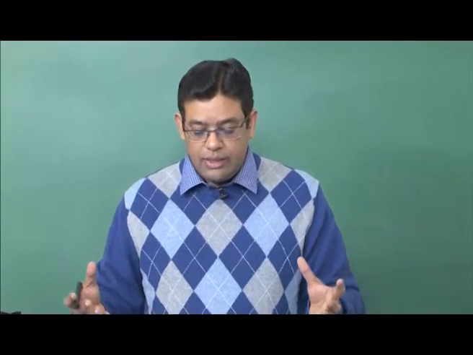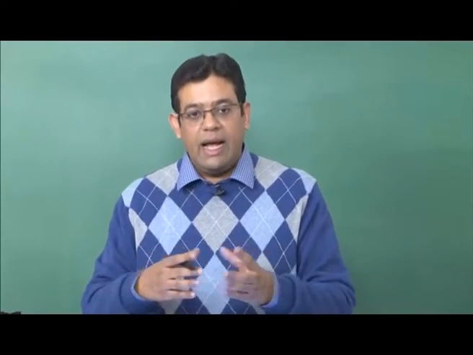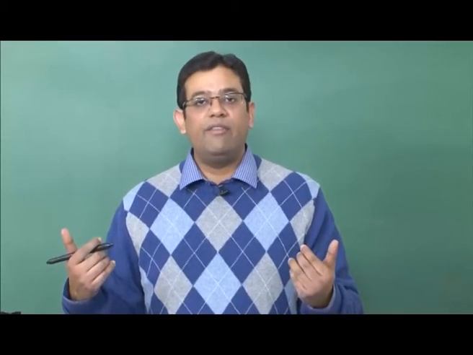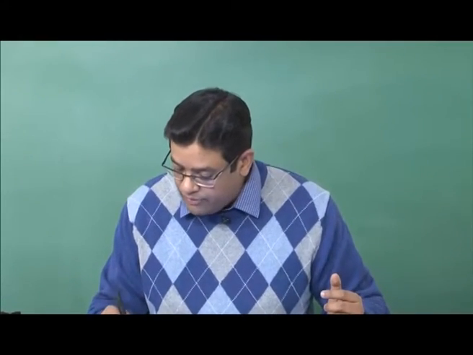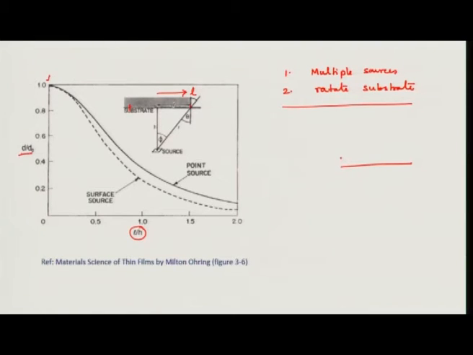If we use a source as large as the substrate, then we will not have any problem, because if this is my substrate and my source is also this, then for each of these points we will have a distribution from each point, and we will get a uniform deposition on the substrate.